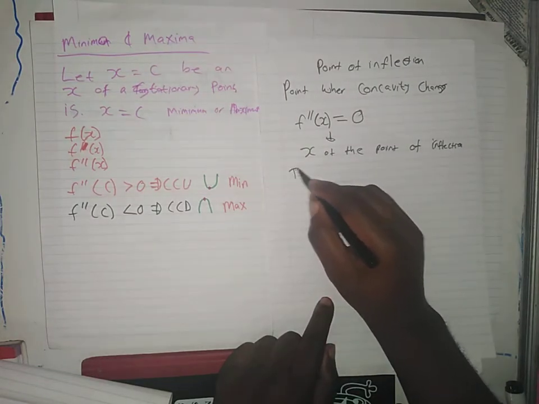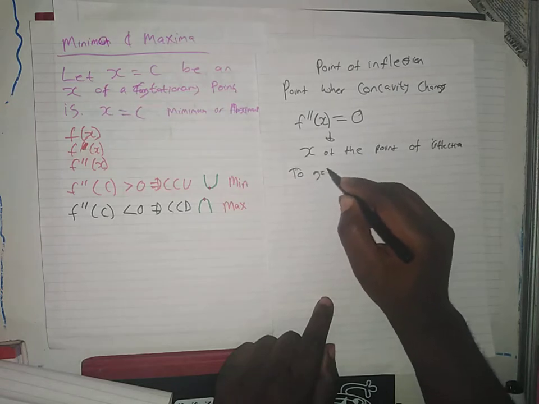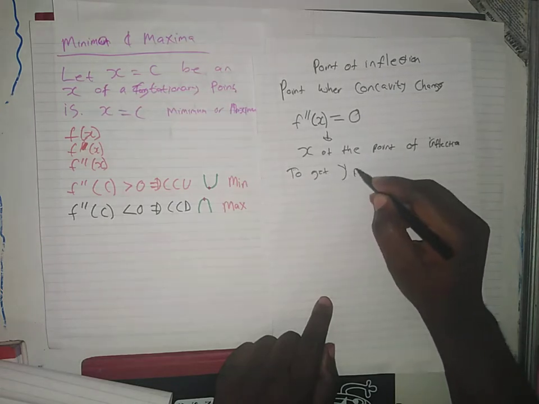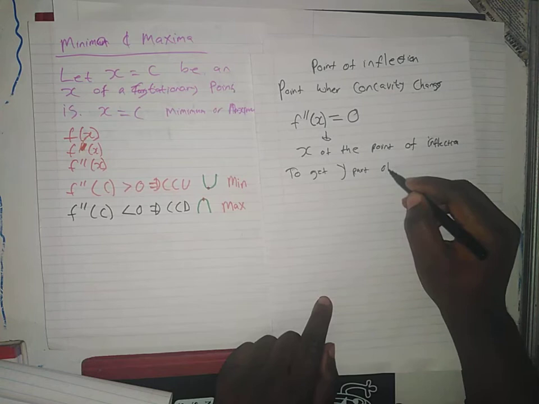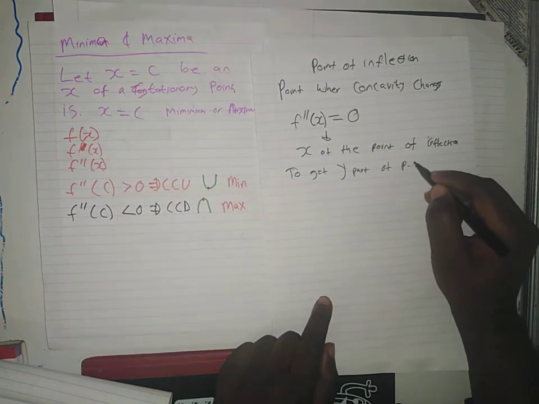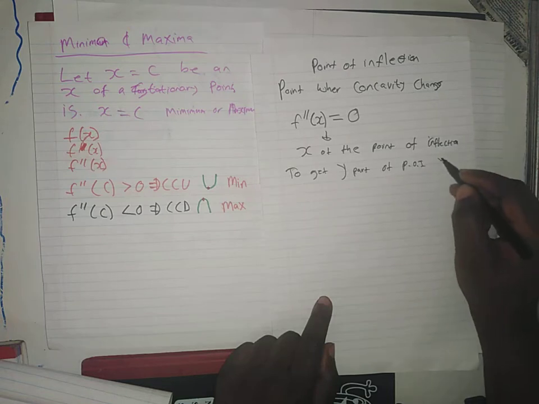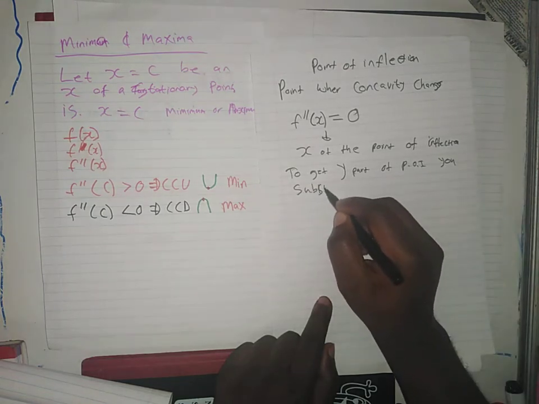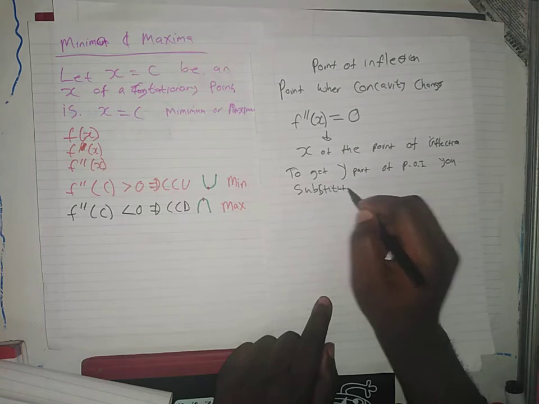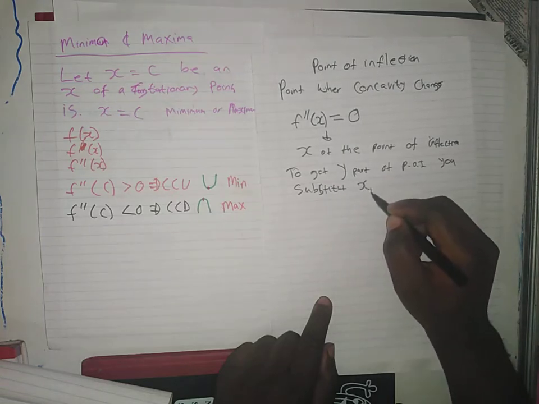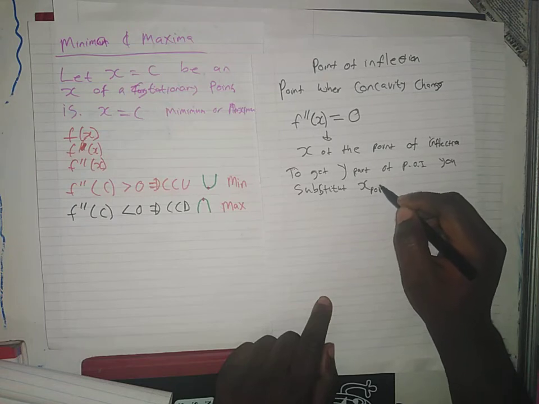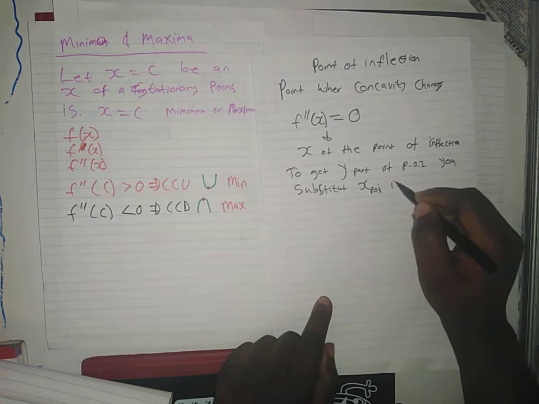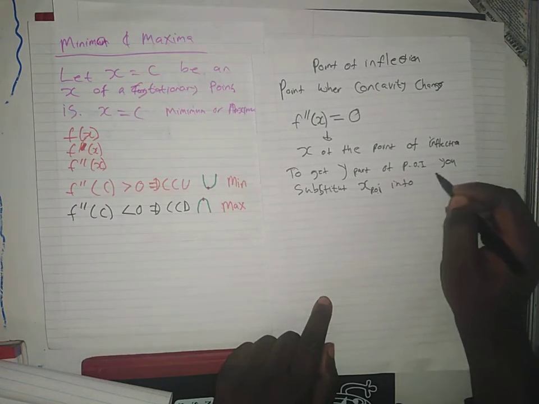So to get the y part of the point of inflection, you substitute the x of the point of inflection into f at x.